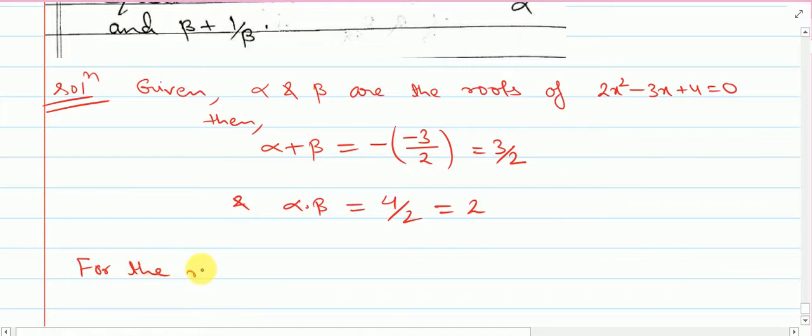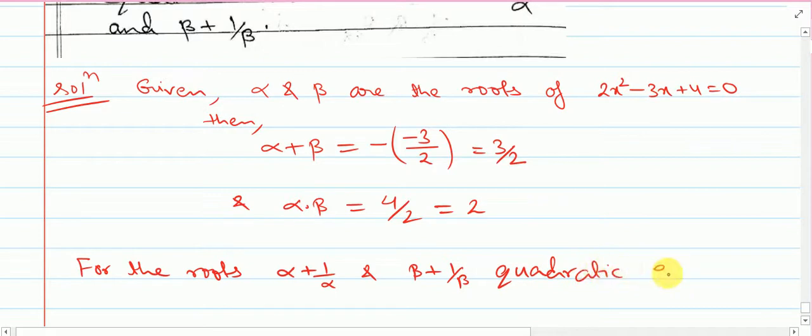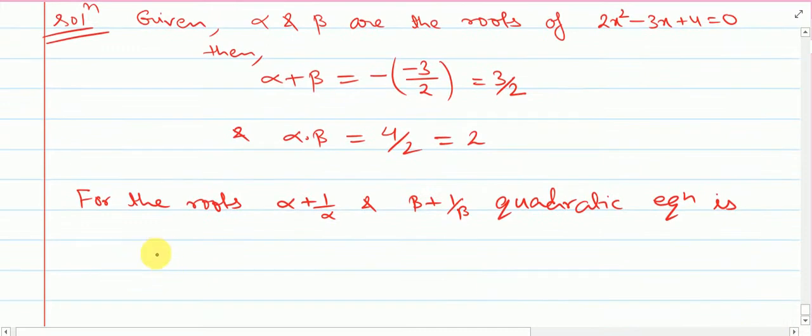For the roots alpha plus 1 upon alpha and beta plus 1 by beta, for these two roots, what would be the quadratic equation? So try to recall. It is x square minus sum of the roots.